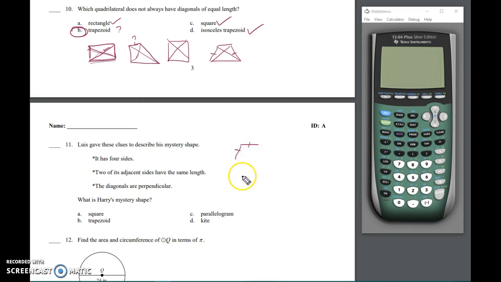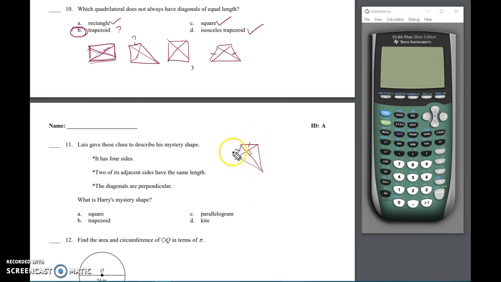You have one set of sides congruent here, but it doesn't say anything about the other ones. Rhombus and square have perpendicular diagonals. Well, the only other one that has adjacent sides congruent and perpendicular diagonals is a kite.